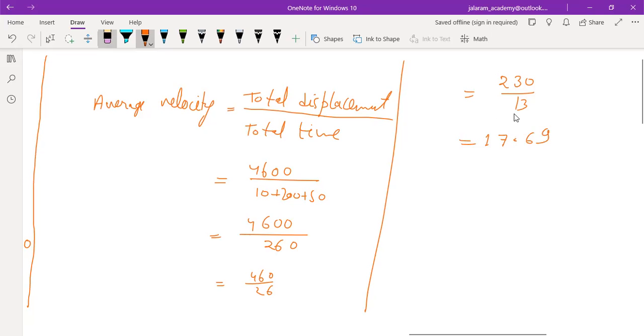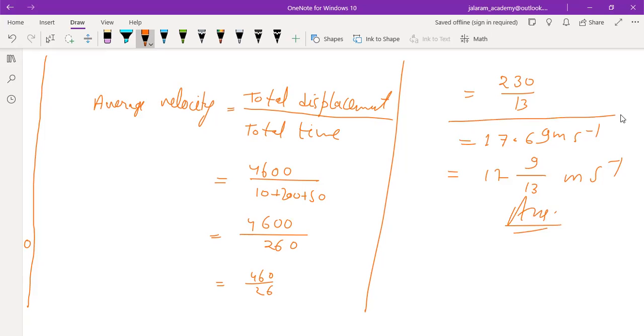Or remember, we can leave it in mixed fraction also: 17 whole 9 by 13 meter per second could also be the answer. So I think it must be written 17.69 in your book.